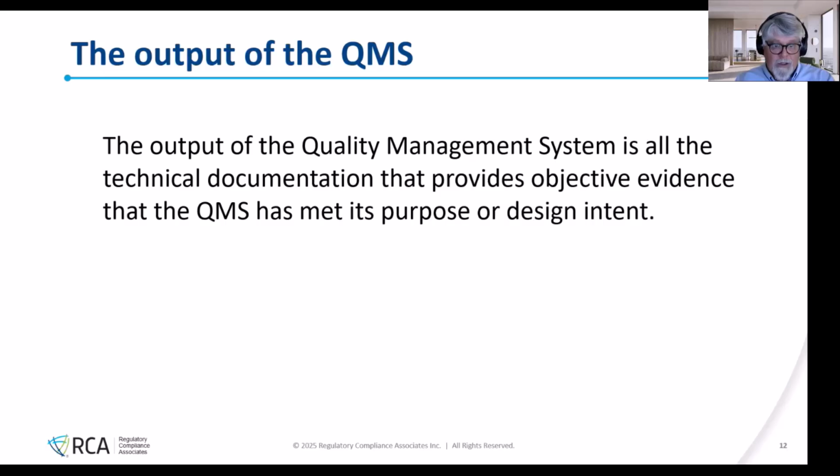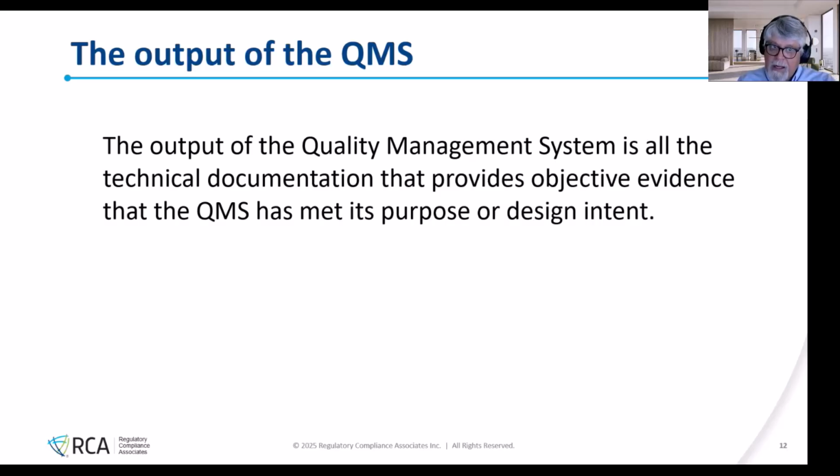So that means it's your quality policy, it's your quality manual, it's all your training records, it's all your CAPA files, all your audits, all your production stuff. It's everything. This stack of documents has to demonstrate that it meets the purpose or design intent of the quality management system. And by the way, organizations get audited to that technical documentation to ensure that your quality management system is indeed meeting its design intent.